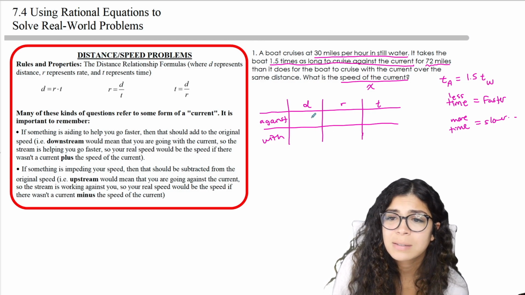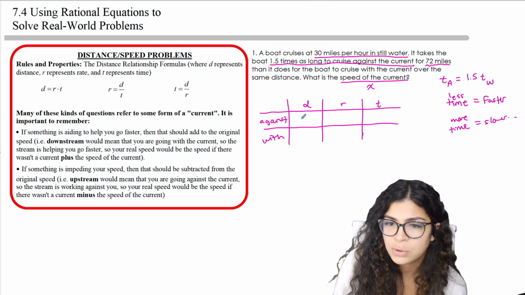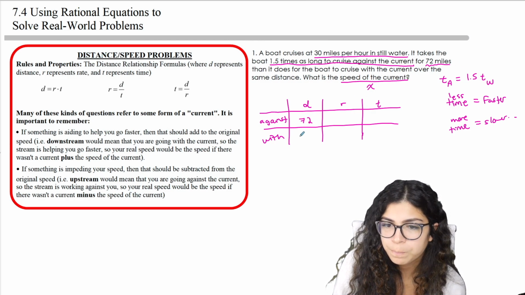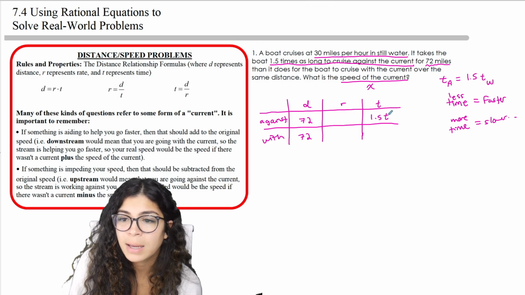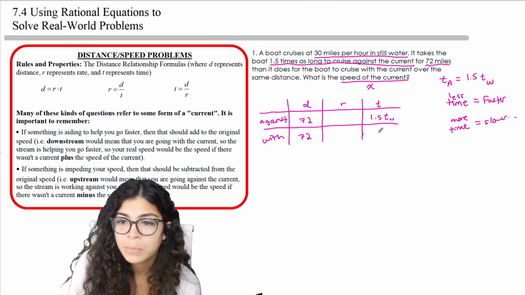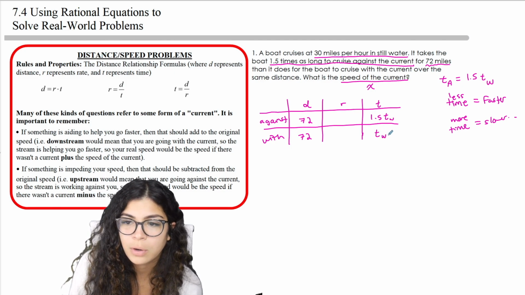So we know that the distance, whether you're going with the current or against the current, is 72 miles. And we talked about that the time to go against the current is 1.5 times the time to go with the current, and the time with the current, of course, would just be time with the current.